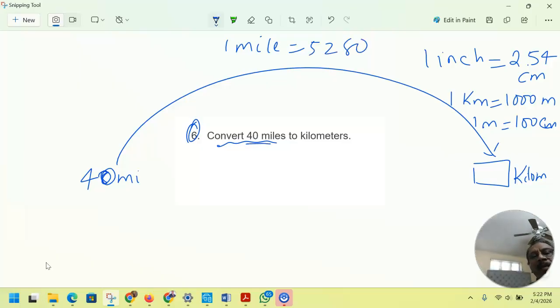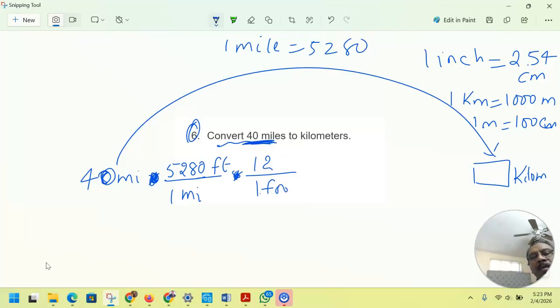So let's convert this 40 miles. So we'll try the conversion factors. The conversion factor is 1 mile is 5280 feet. And then feet we can convert to inches, because 1 foot is 12 inches. And then 1 inch is 2.54 centimeters.